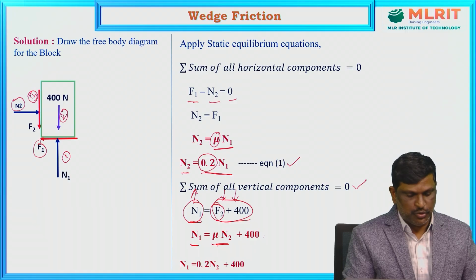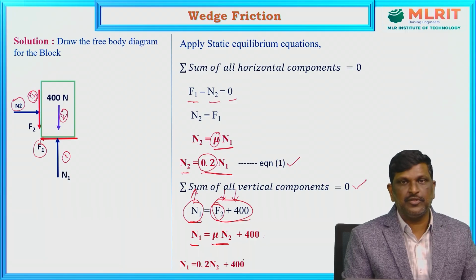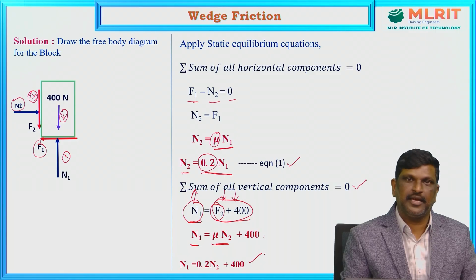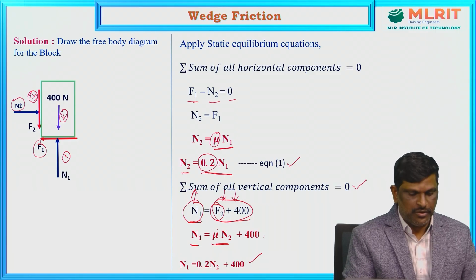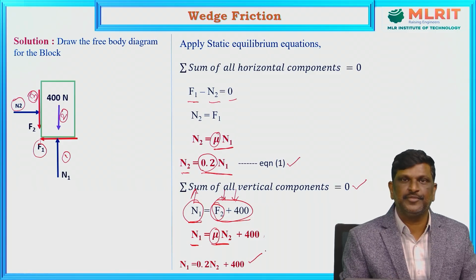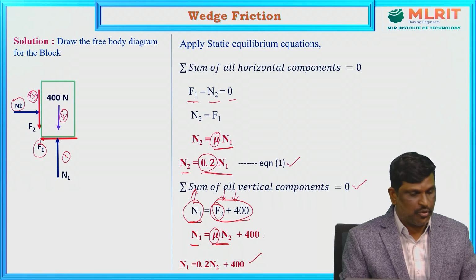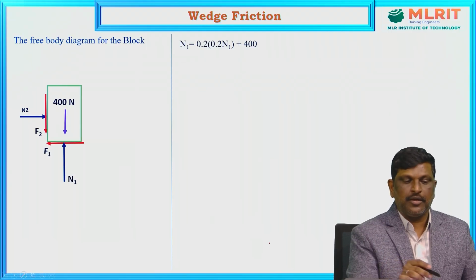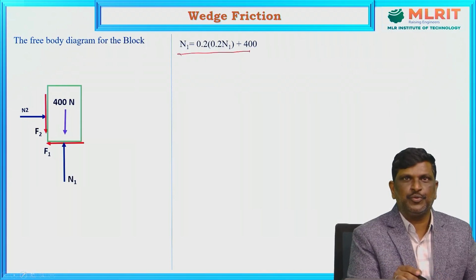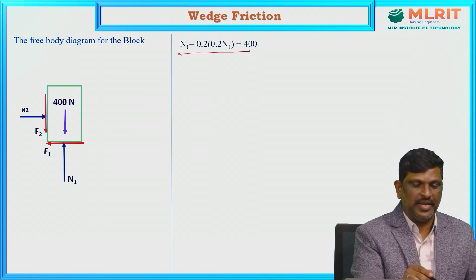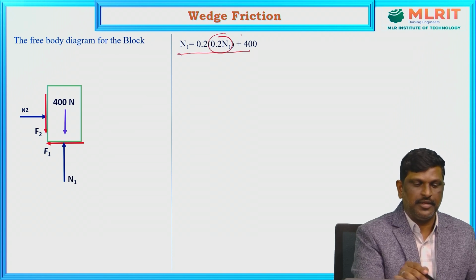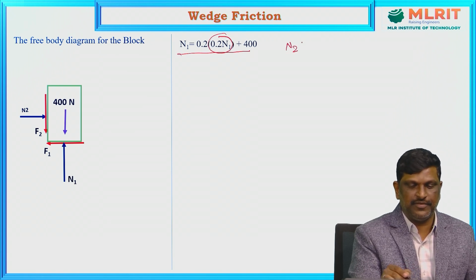N1 is equal to 0.2 N2 plus 400. Again substituting the value of the coefficient of friction 0.2, which is given in the problem. N1 is equal to 0.2 into 0.2 N1 plus 400, because we know from our first equation that N2 is equal to 0.2 N1.